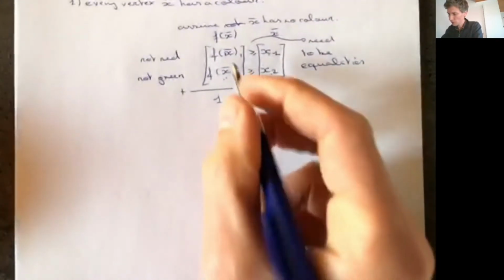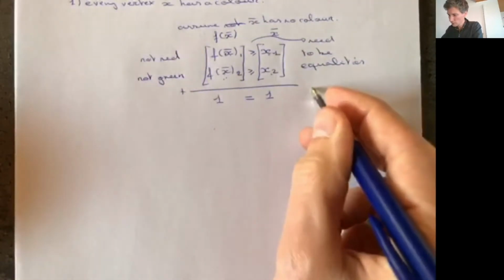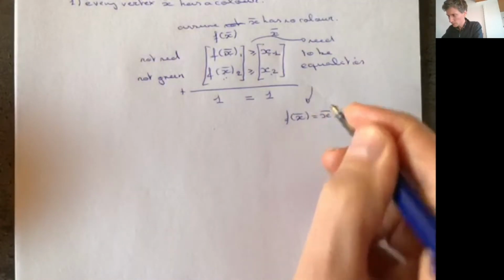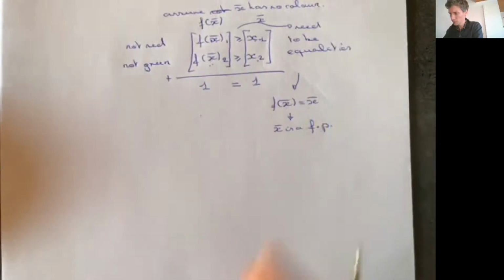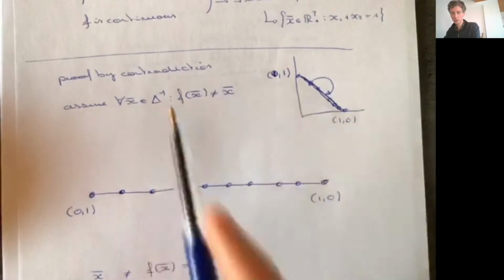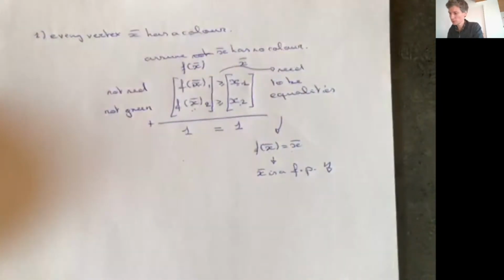Or in other words, this vector has to be equal to this vector, so f of x is equal to x. If f of x is equal to x, then by definition x is a fixed point. However, we started with the assumption that there is no fixed point. So this contradicts the fact that there's no fixed point.